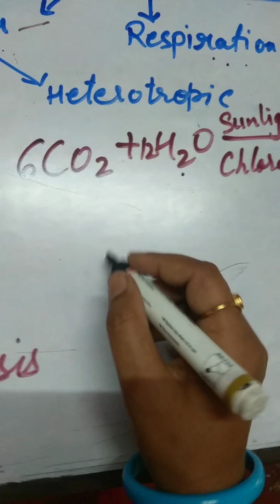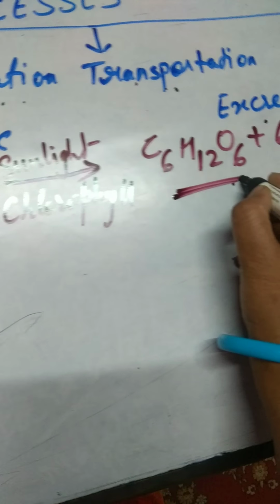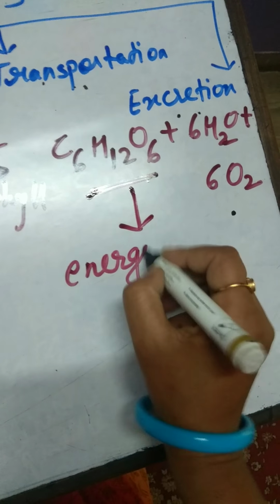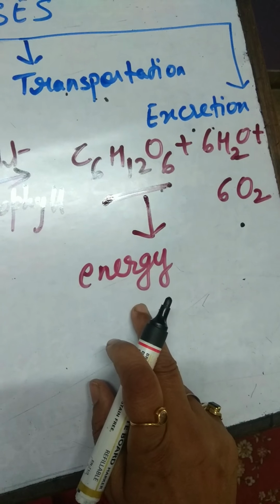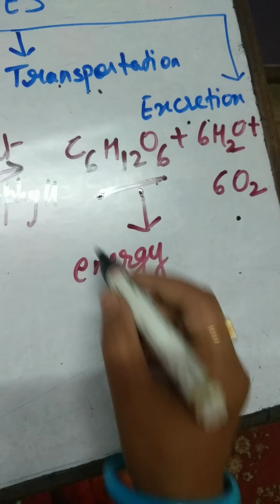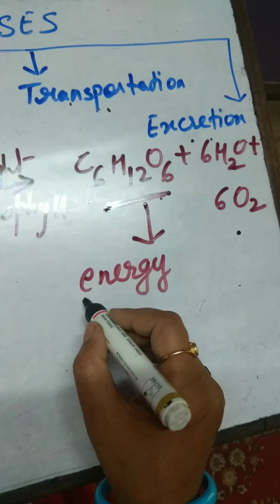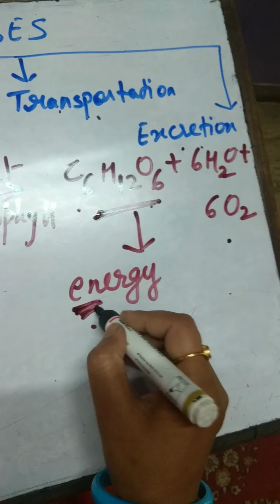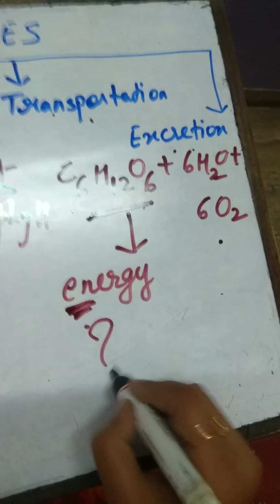Now, this glucose is utilized for providing energy. Now, obviously, it is prepared in large amount. So some amount is used in providing energy. What about the rest? Where is the rest of the glucose going?